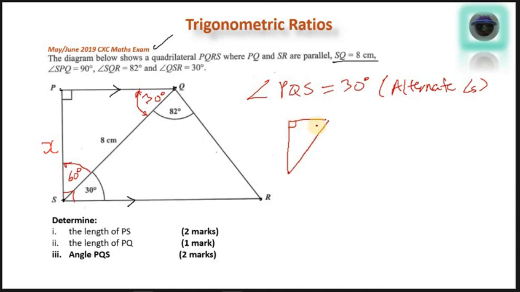So we have a right angle here, we have 30 degrees here, we have this measurement, which is 8 centimeters, and we want to find the length here. So this side here is our opposite. It's opposite the 30 degrees, the acute angle. This side here is our hypotenuse. All right, so we have opposite and hypotenuse.